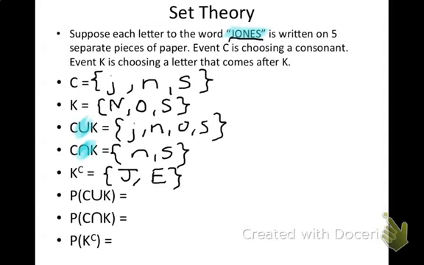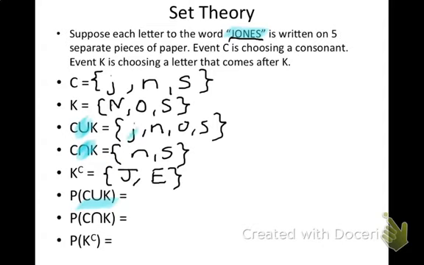Okay. Now for the next 3, it's different. It's not asking you to tell us what's in these because we already did that. The P represents probability, so now we have to actually calculate the likelihood that if we pick one of these pieces of paper, it's going to fall in the union of C and K. First of all, let's count how many are in this set.